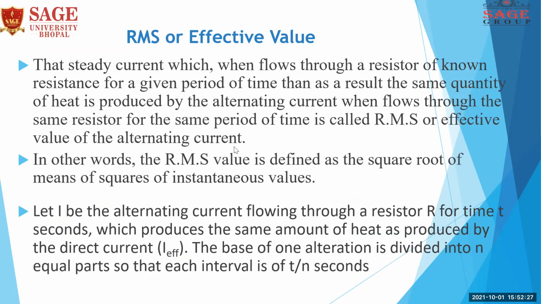Now the RMS value, or effective value. The RMS value is defined as the square root of the mean of the square of instantaneous values. When an alternating current flows through a resistor of known resistance for a given period of time, the same quantity of heat is produced as by a direct current flowing through the same resistor for the same period of time. That is called the RMS or effective value of alternating current.